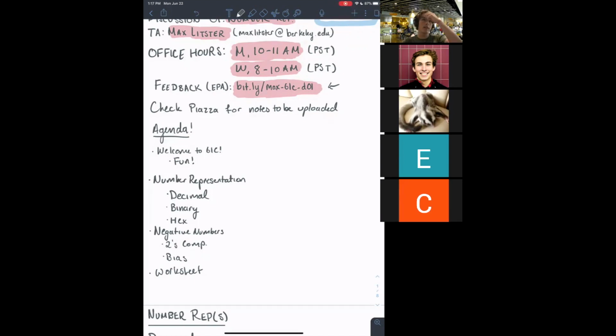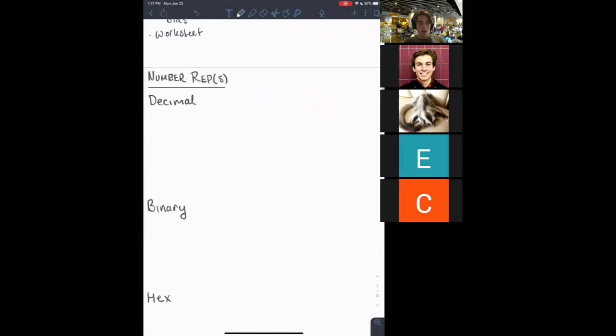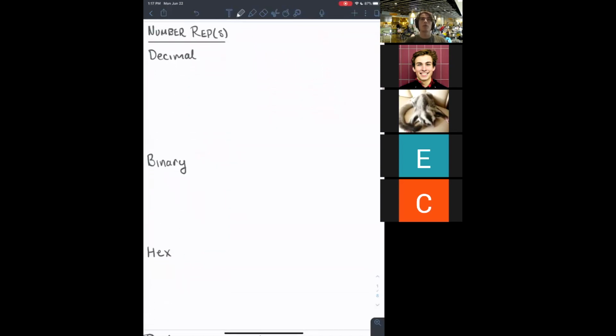Cool. Okay, so let's look at the three principal methods of number representation in this class. So first we have decimal, which you all are maybe familiar with.